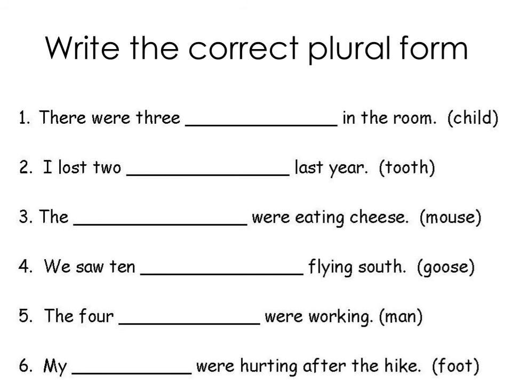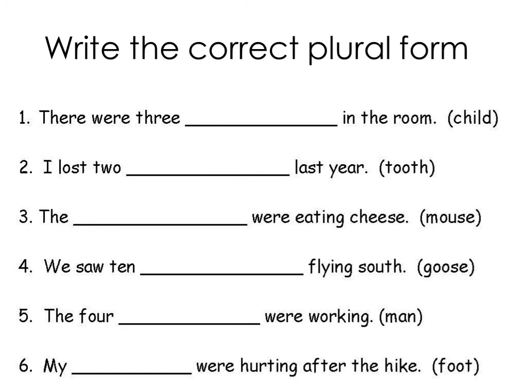And what do you think is the plural form of man? Number 6, my blank were hurting after the hike. So what do you think is the plural form of foot? Now, if you're still thinking or writing your answers, just click the pause button. And if you're done answering and you want to know the answer, just click the play button.